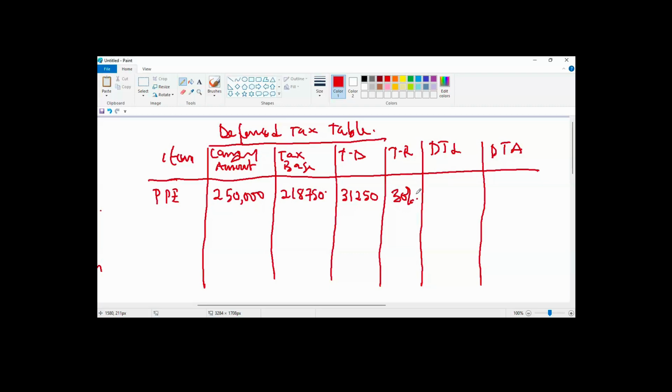However, if the carrying amount is lesser, meaning the tax base is higher than the carrying amount, it will lead to deferred tax assets. Here, carrying amount is 250 and tax base is 218,750. That means carrying amount is higher. So, any issue?